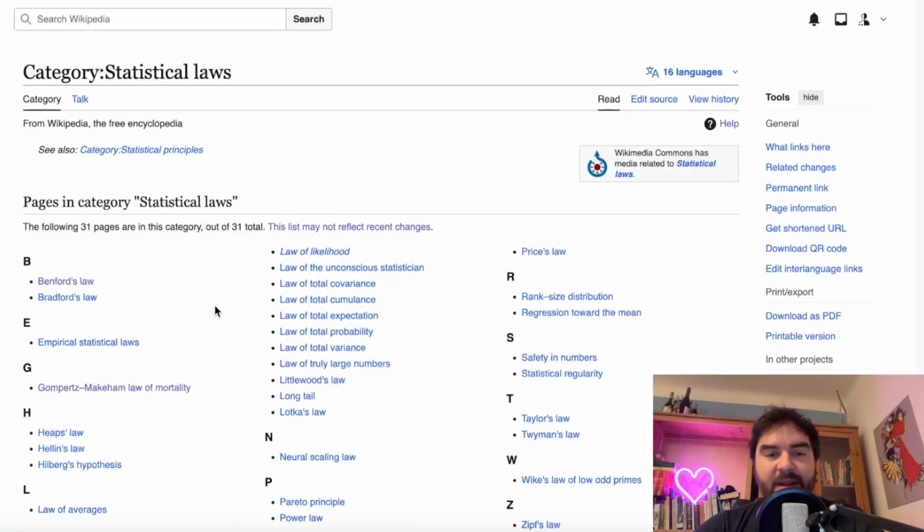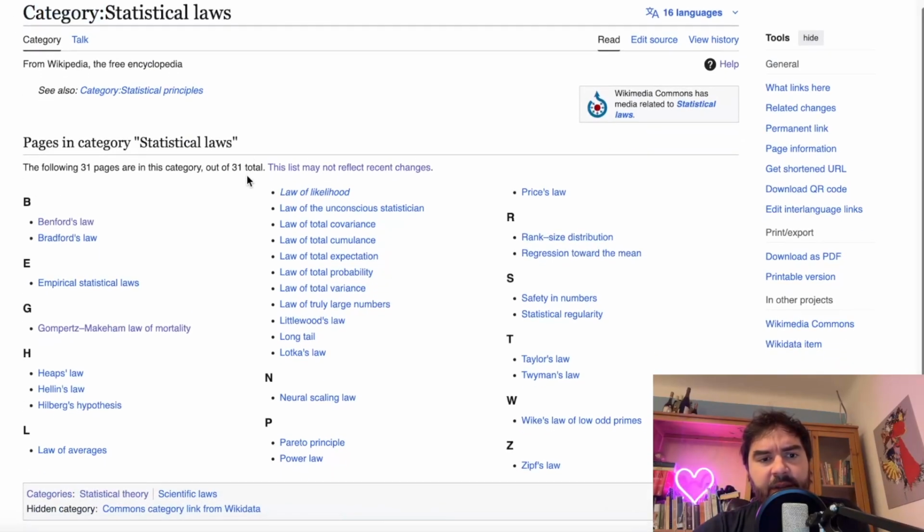So a category is also just a page with the particular type, if you will, of being a category. All the names of the categories start with "Category" and then a colon.